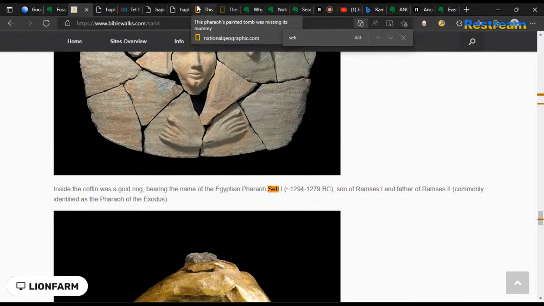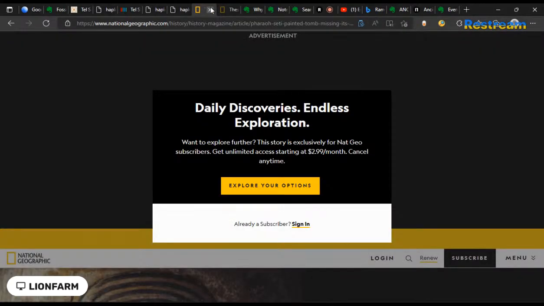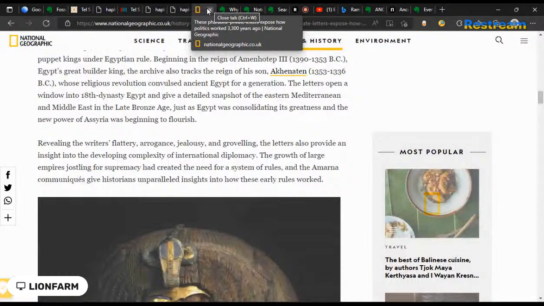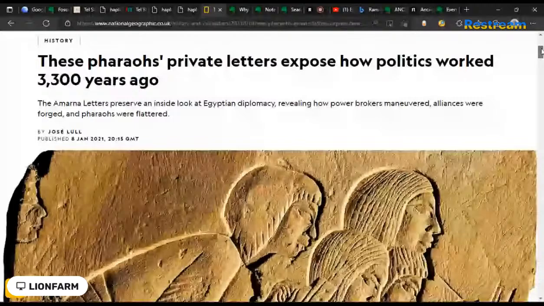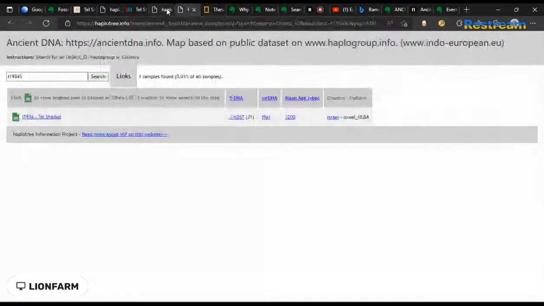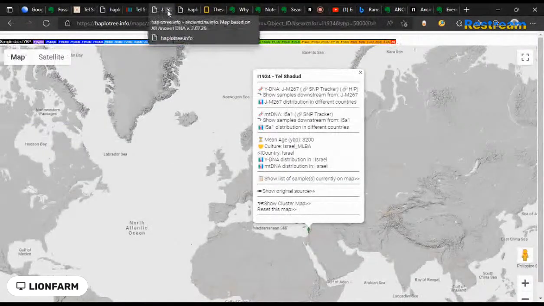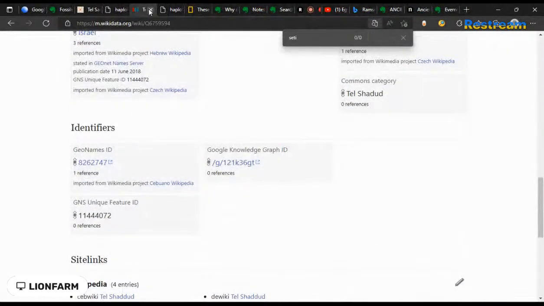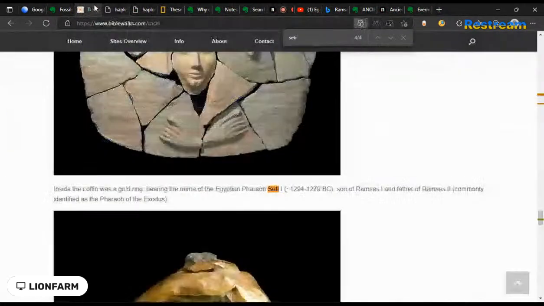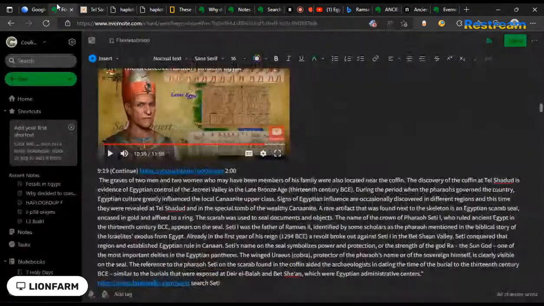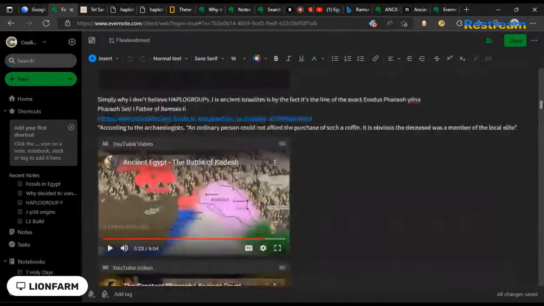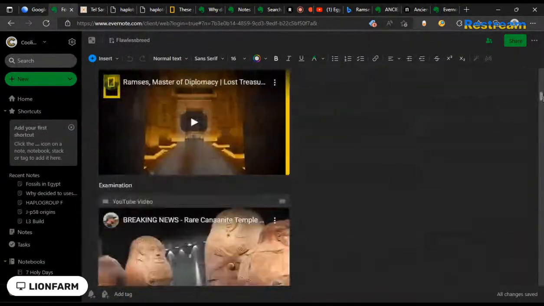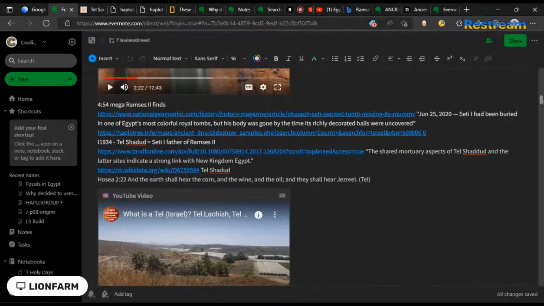Also, let me just close some of these that we don't need. Let's just talk about some of the letters that was going on there. We don't need this one. Just gonna make sure what we need open is open. All right, I'm gonna open one more of these, and point this out at the same time, which is important.